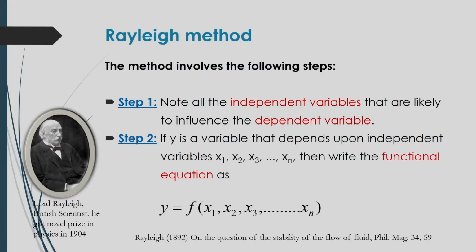Pressure is the dependent variable, and based on some other independent variables it will change. How? Pressure will change if you change the diameter of the pipe, if you change the velocity of the liquid, and if you change the type of the fluid, that is, its physical properties.